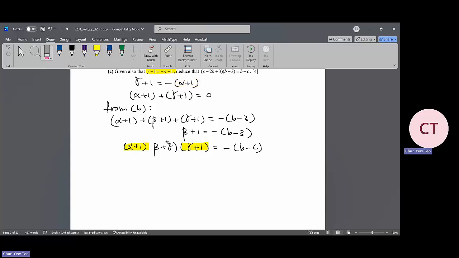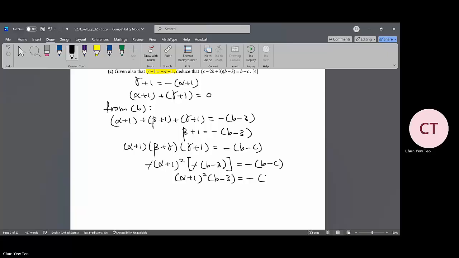Then we can make it become negative alpha plus 1 squared, and beta plus 1 is negative (a minus 3), equal to this. Then we will have this one cancel off.